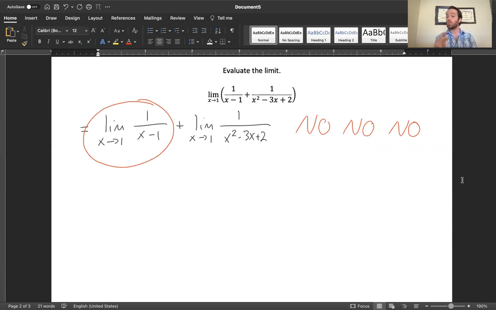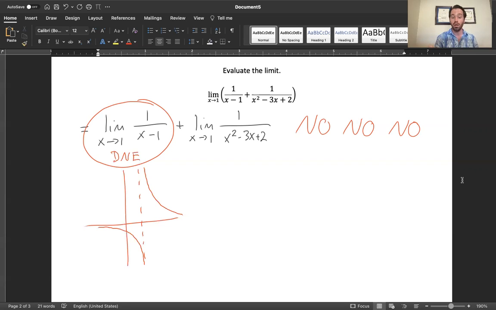And it's not even one of those that fails to exist by being equal to infinity. It literally fails to exist, because at 1 this is going to be positive on the right and negative on the left. So this limit doesn't exist even in the equals infinity or negative infinity sense.